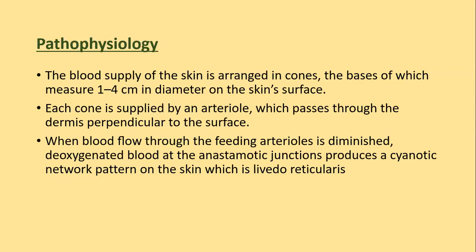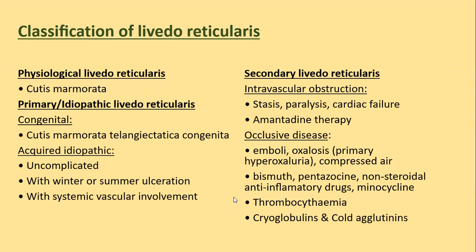So this mottled branching pattern is produced at the watershed areas, which are actually the demarcation line area between the cones, adjacent cones. So the area which is the most distal part of the cone will take the hypoxic injury to the maximum and will become mottled and blue and cyanotic.